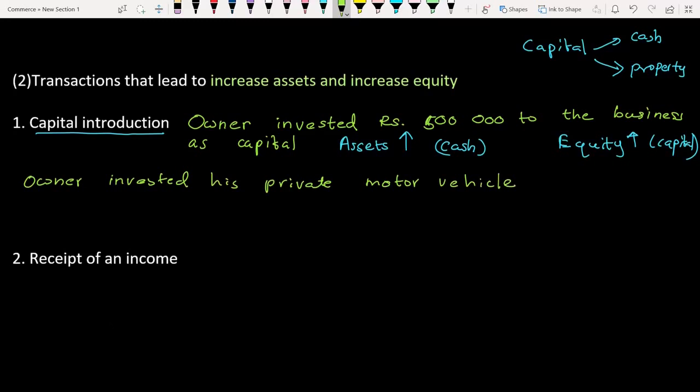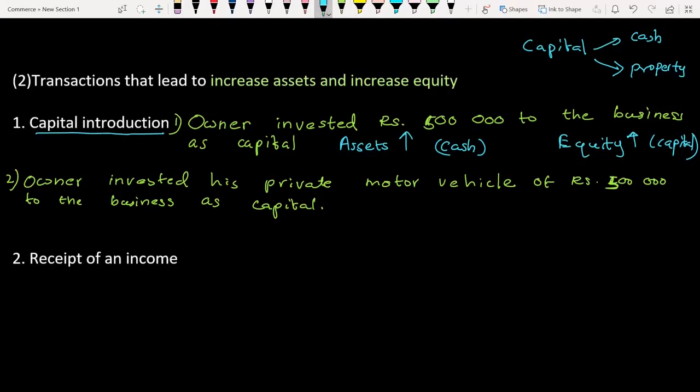Motor vehicle worth of, let's say, rupees 500,000 to the business as capital. So both transactions are possible under capital introduction.